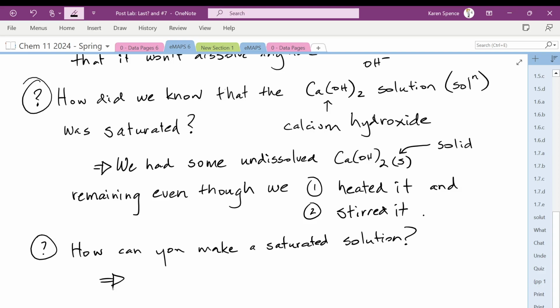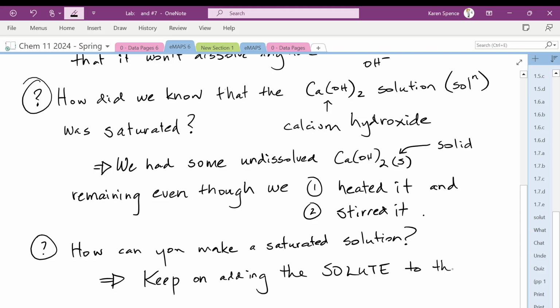Yeah, you're going to keep on adding the solute to the solvent.